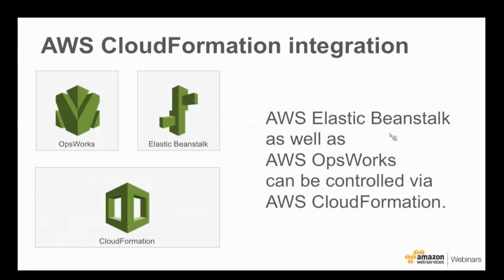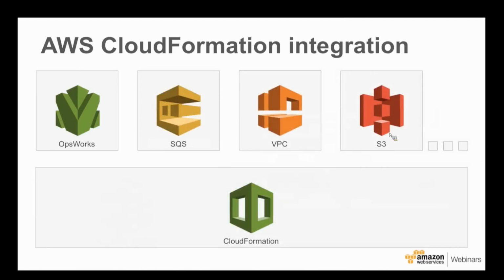You can use all of them in combination. What do I mean by that? So for example, both services, Beanstalk as well as OpsWorks, can be provisioned through CloudFormation. So you would describe how you want to configure Beanstalk and instantiate it via CloudFormation. Or you can do something like this, which actually quite some of our customers do.